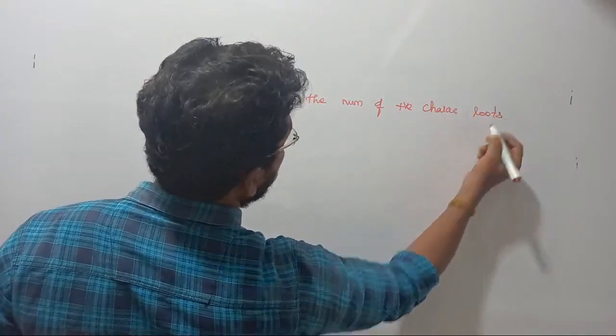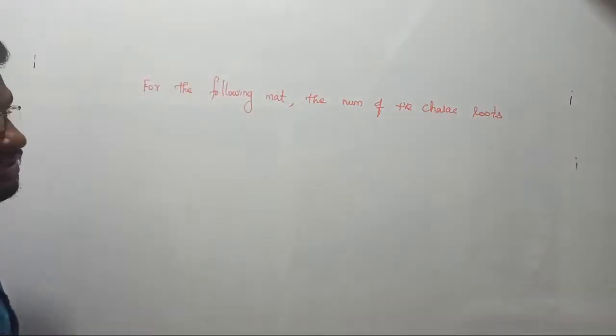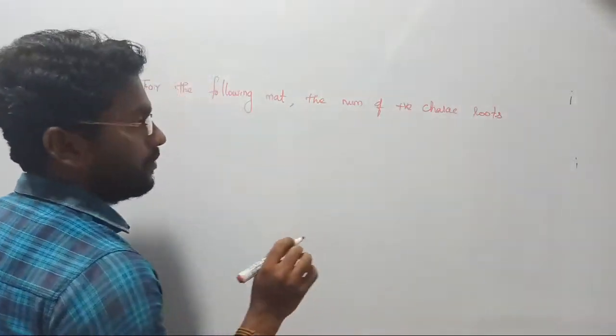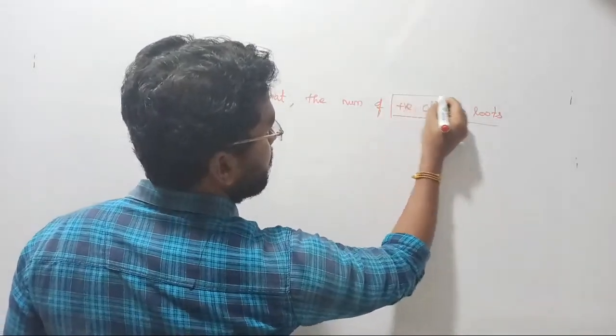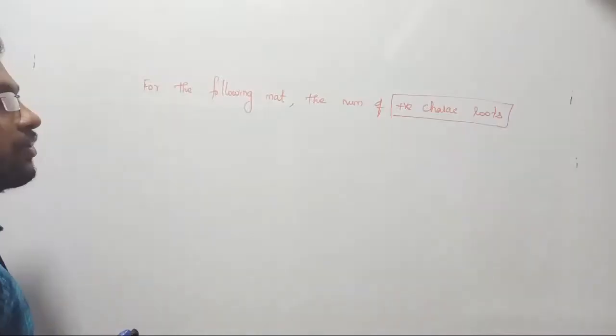It means they are asking the number of positive eigenvalues. Number of positive eigenvalues, not the values. The question is how many positive eigenvalues there are. That is the question.